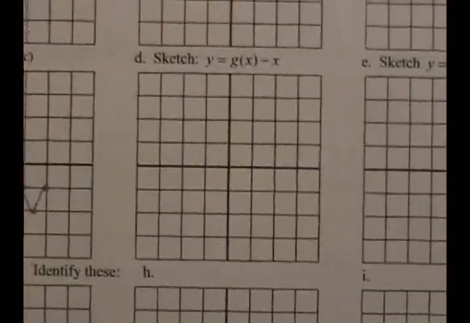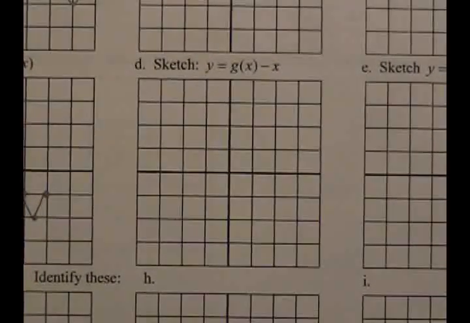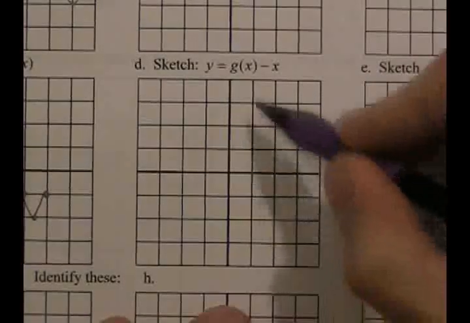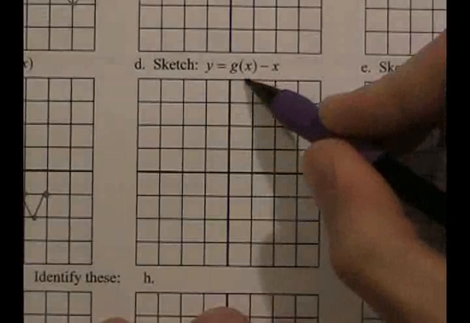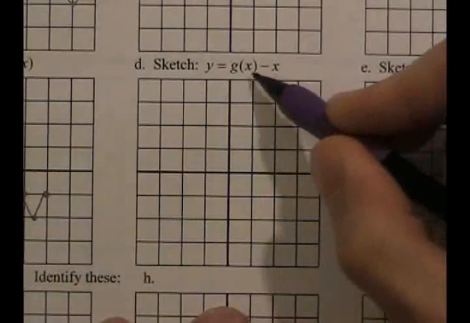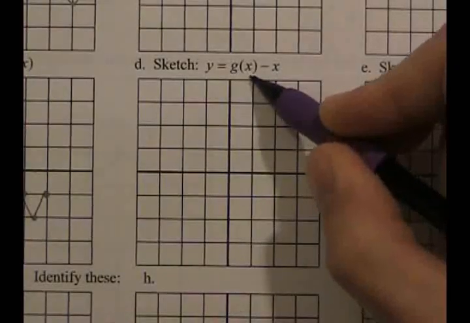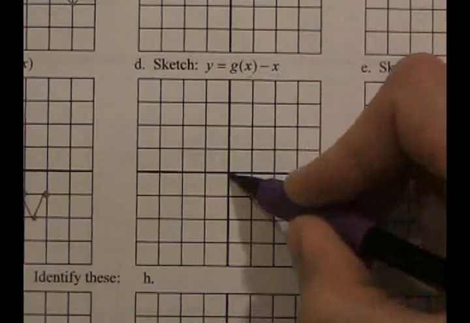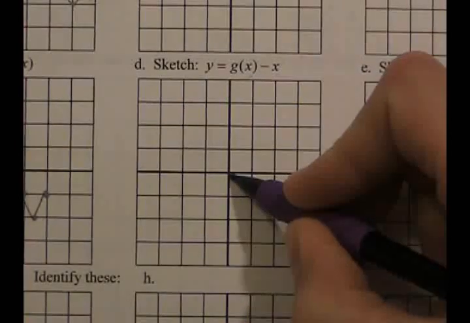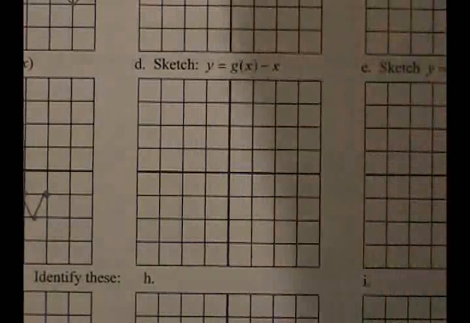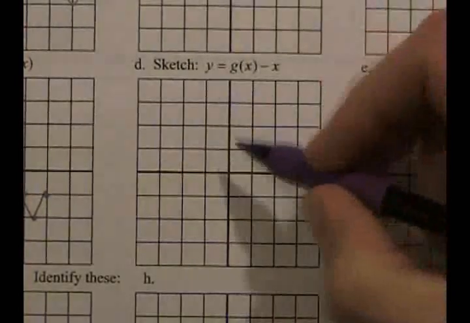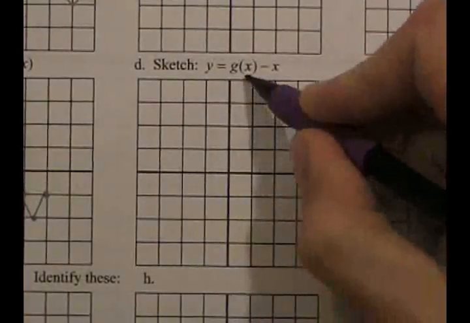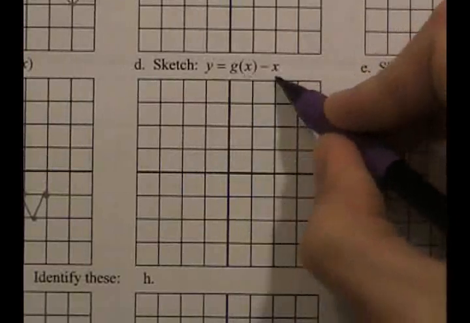Now, this thing here isn't a whole lot different from anything else. You just plug in a value of x to g and subtract that same number from the result. So if I plug in 0, g of 0 is 1. Here it's going to be g of 0 minus 0.